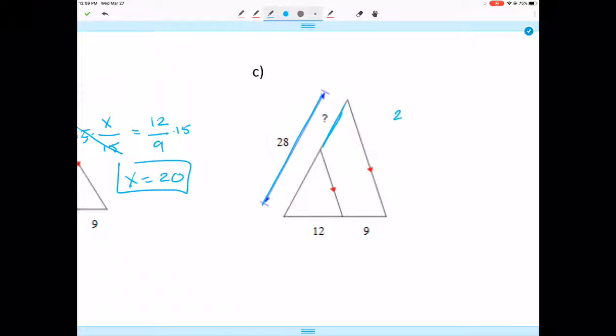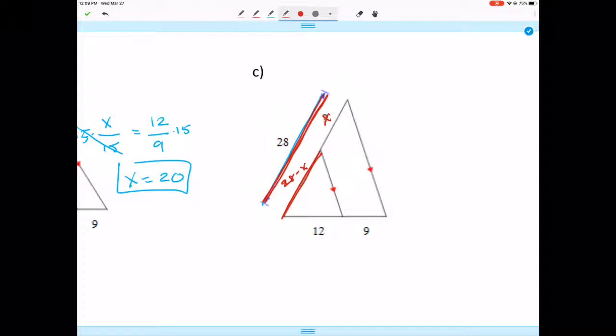Let me try this one more time. The smaller triangle here, let's start one more time. All right, so this would be our long, and this would be our short. Long would be 28, and this part would be 28 minus x.